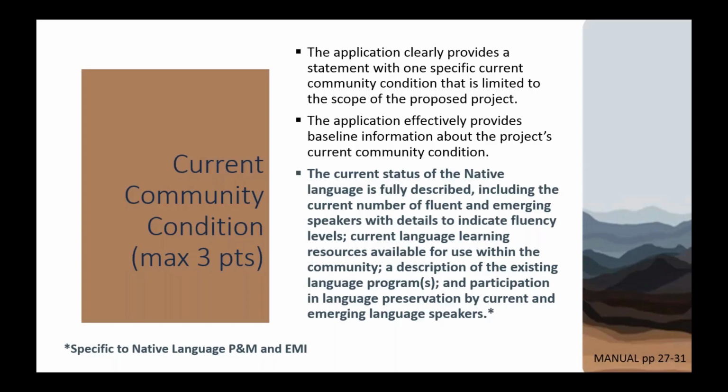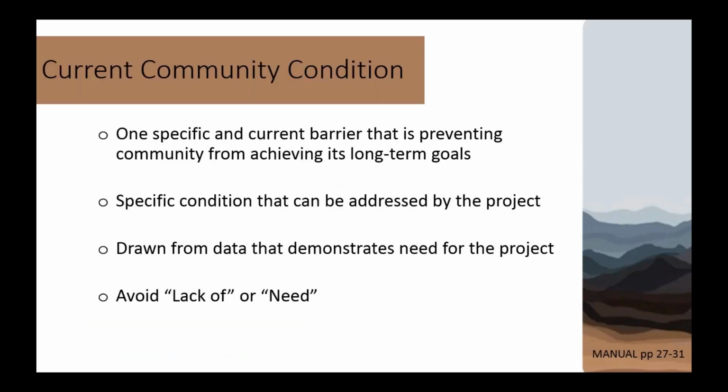You want the baseline information to relate to the condition of your community. The last bullet point on the screen is specific for the language applications, both PNM and EMI, and it relates to the current status of the language. But we'll get more into this on a later slide.